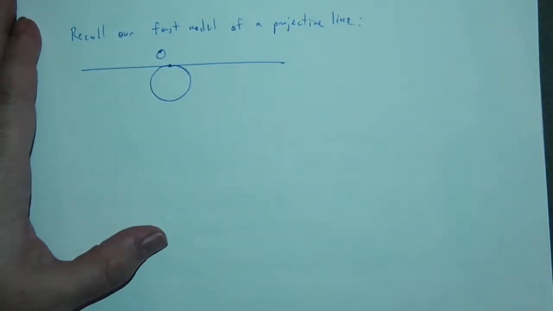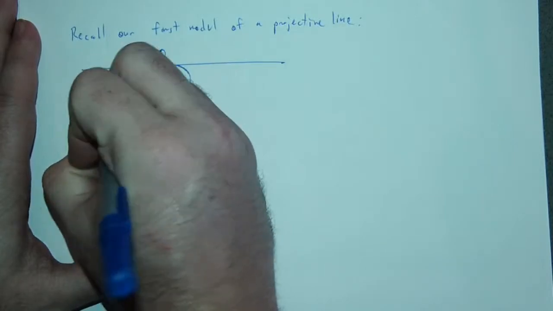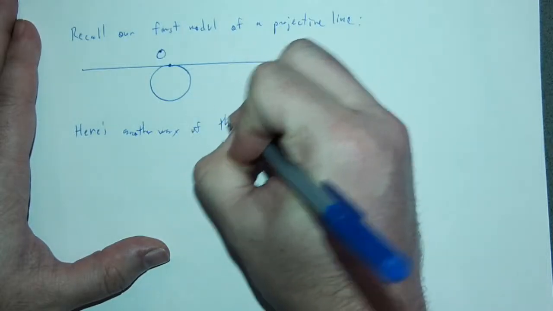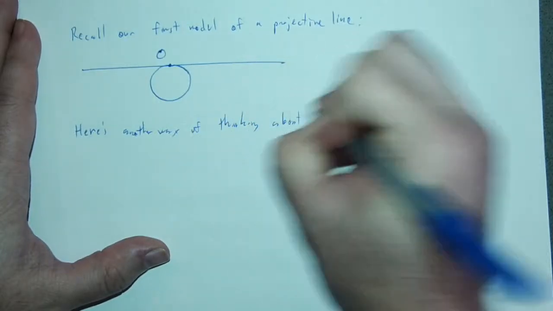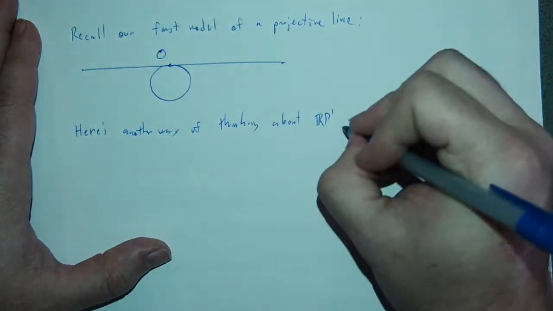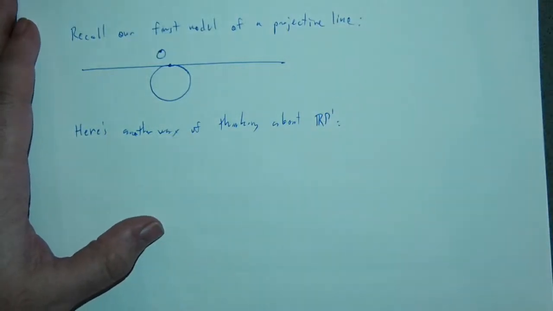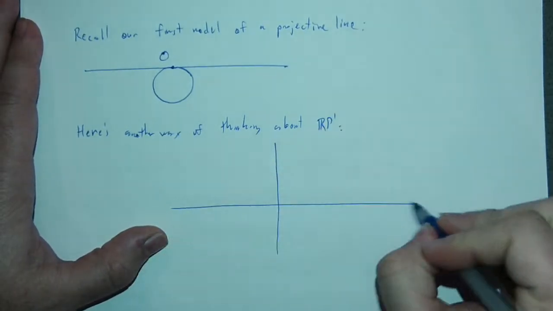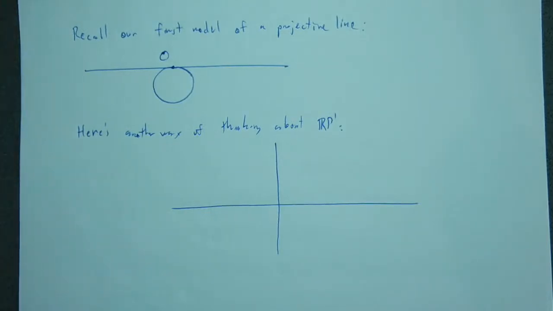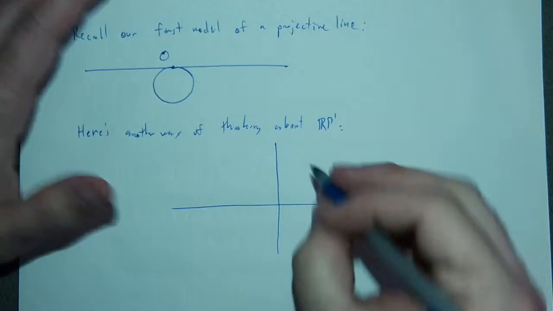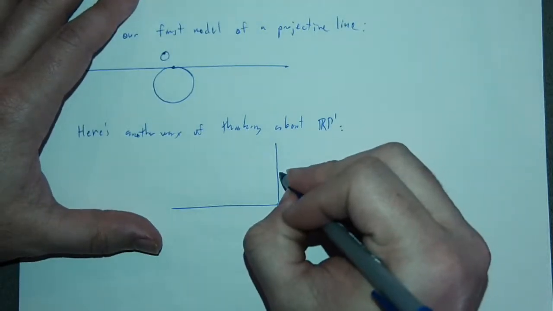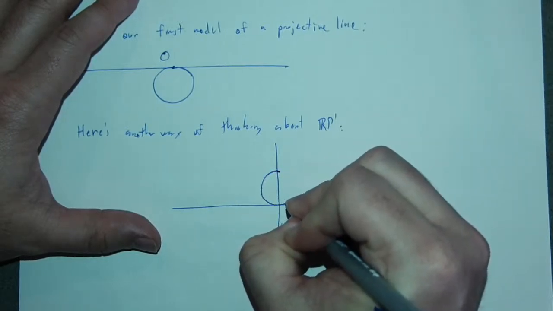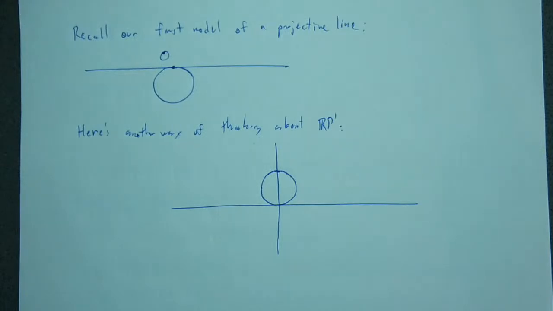Okay. Here's another way of thinking about RP1. Think about the plane, as usual, and think about, it doesn't have to be a unit circle sitting here, but let's think about a circle centered on the positive y-axis that is tangent to the x-axis like this.